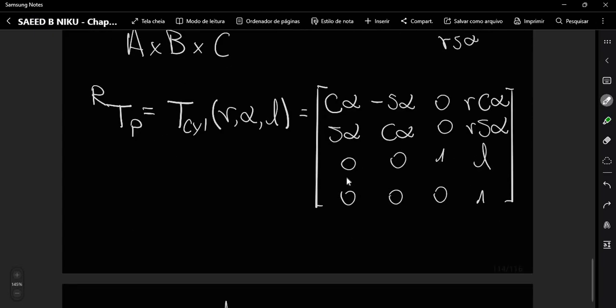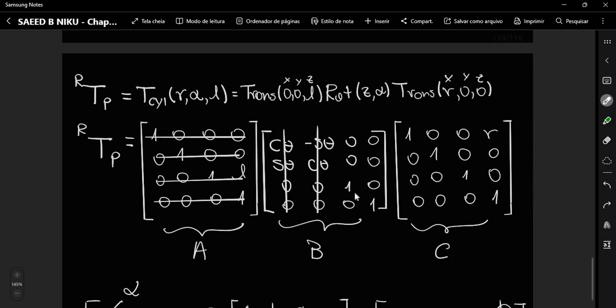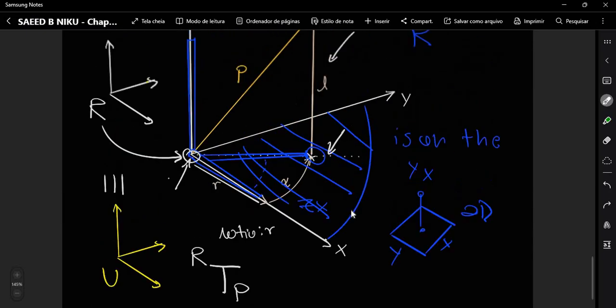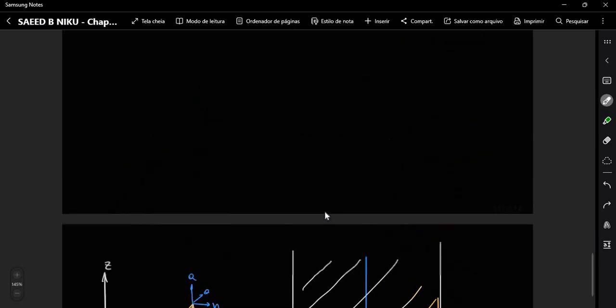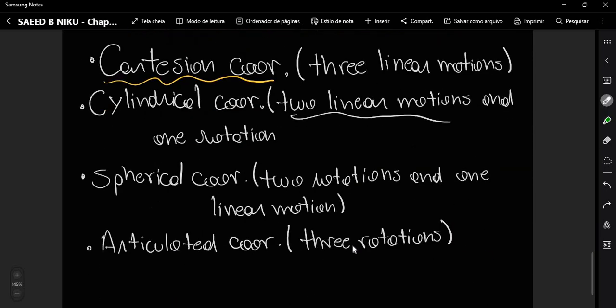And we got this resultant matrix, which is the matrix of this transformation of cylindrical coordinates. So what characterizes a transformation of a cylindrical system? I write this description, which is from the book. Actually, this description is only in the third edition, which is the English version that I'm reading.